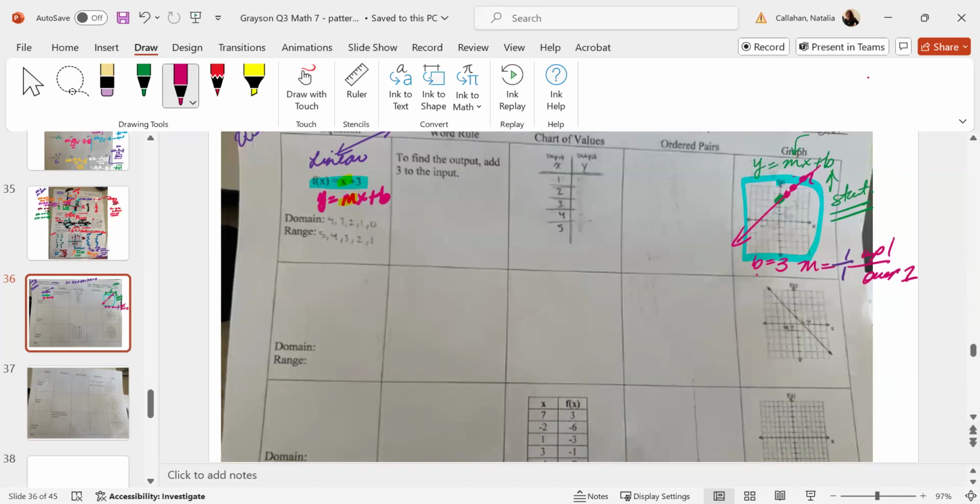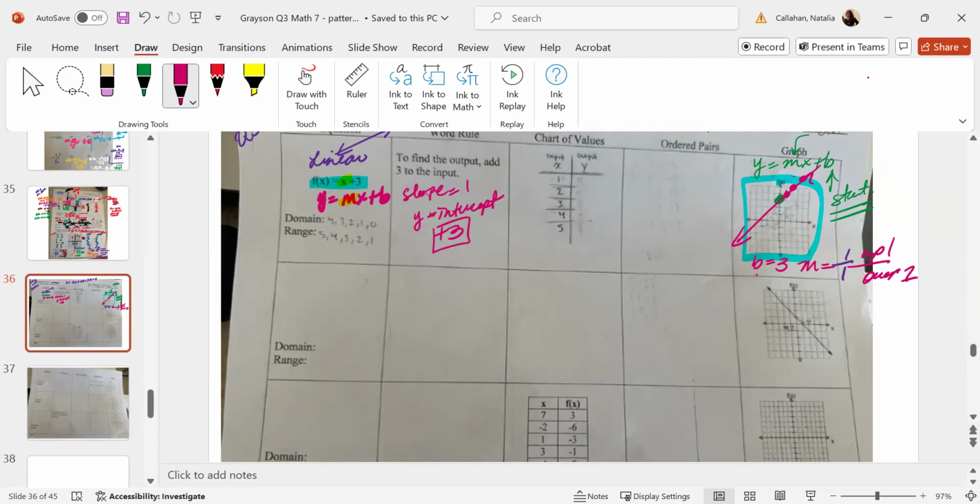The word rule to find the output: add 3 to the input. So remember, your slope is 1. Your y-intercept is plus 3. So when you put the x in here, which is the input, nothing changes. 1 times x is just x.